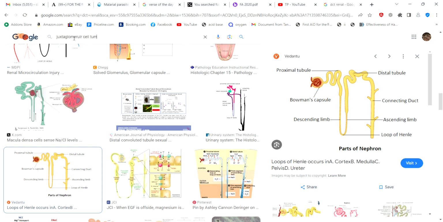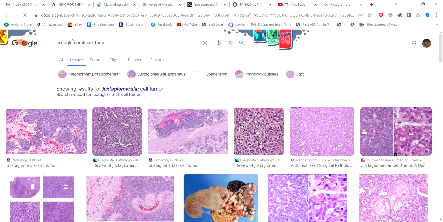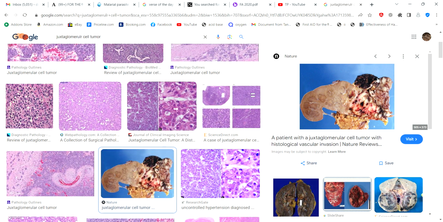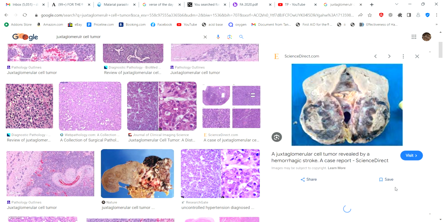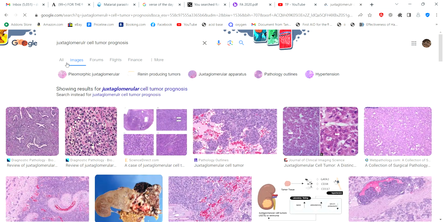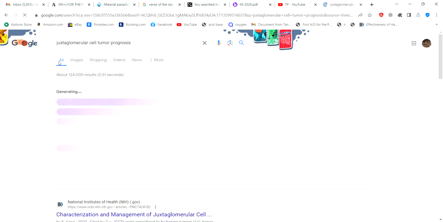So juxtaglomerular cell tumor. See this, the upper part of the kidney, that's cancer.